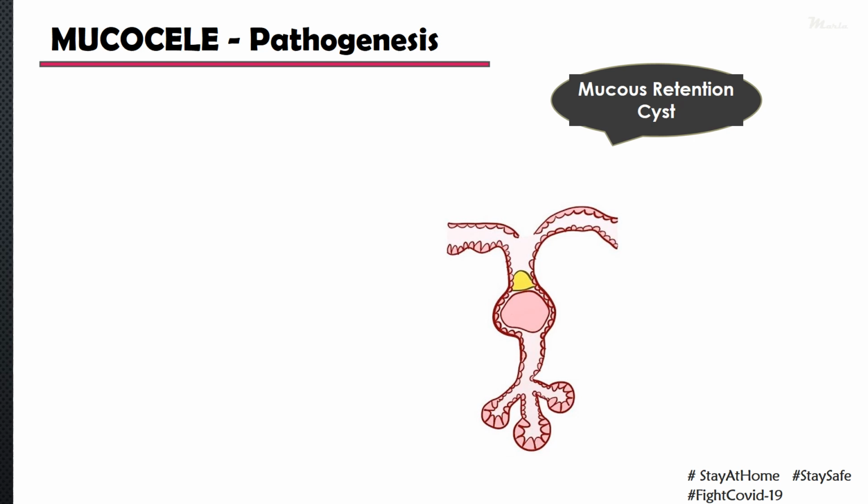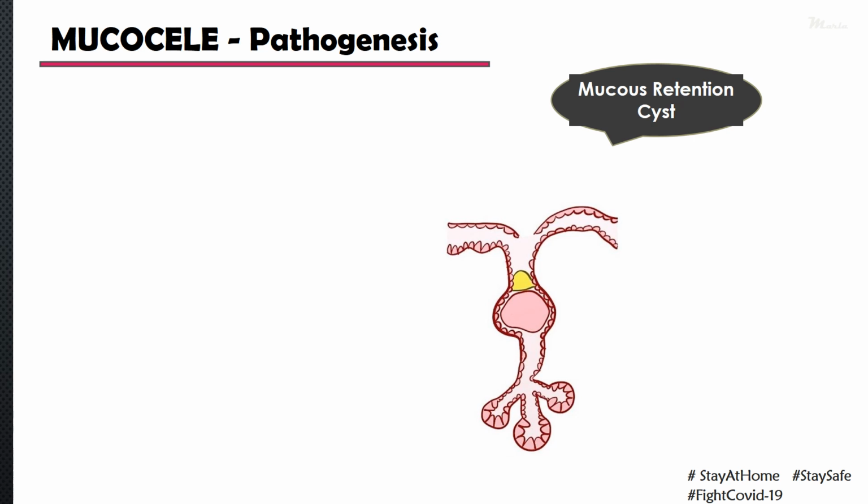This blockage can be built up of some debris within the ductal system or because of a more well recognized pathology which we refer to as sialolithiasis. We have already discussed the pathology of sialolithiasis, which is basically deposition of calculi around a nidus within the ductal system, such that it blocks the flow of saliva through the ducts.